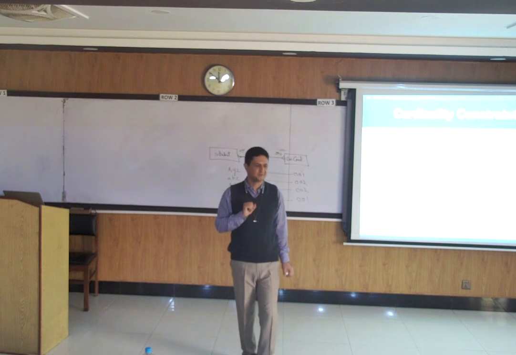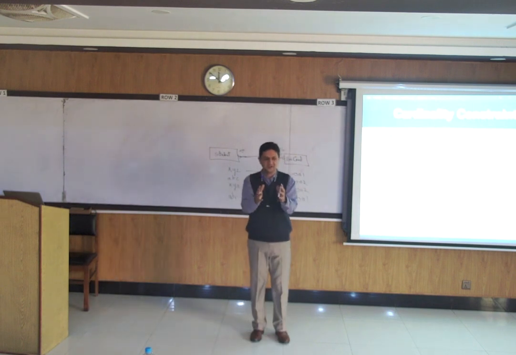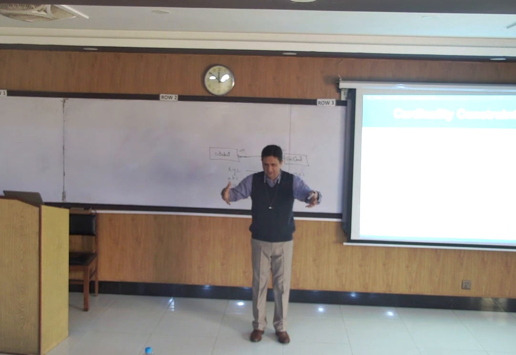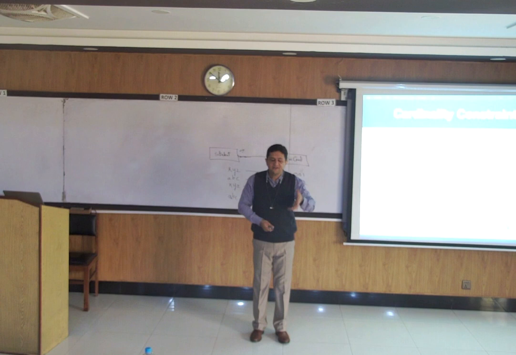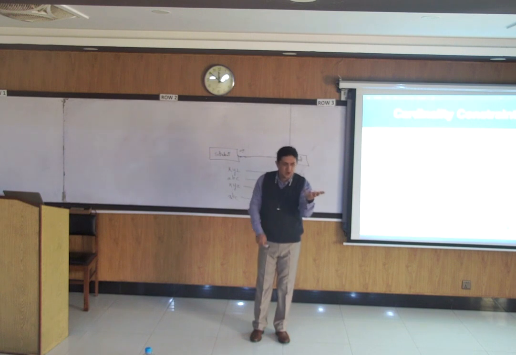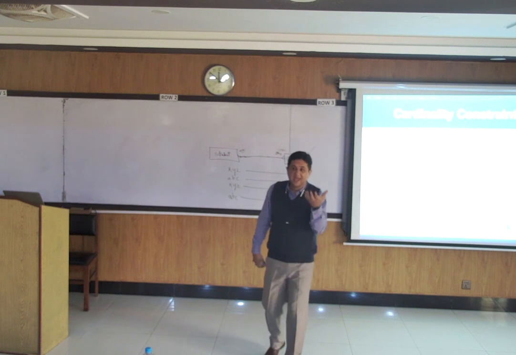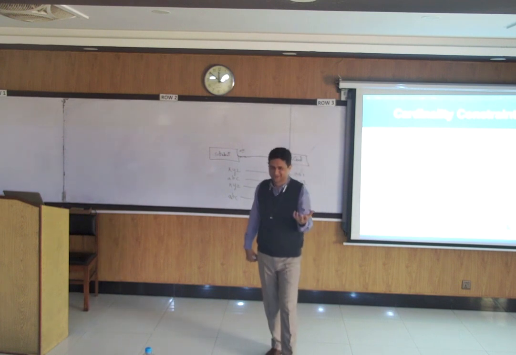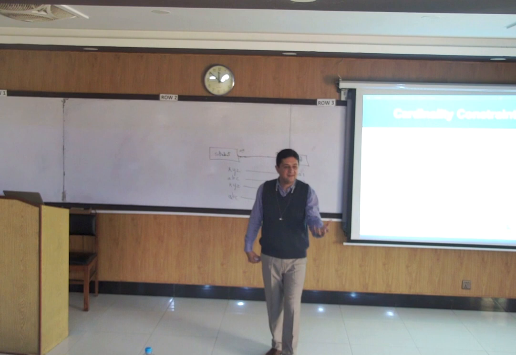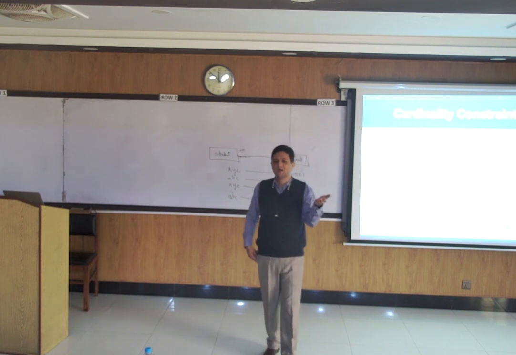Okay, there is a relationship in which some entities are participating. So this minimum cardinality is checked if an instance of an entity that is participating in that particular relationship can exist without having that relationship.